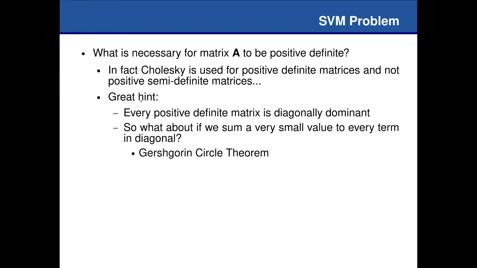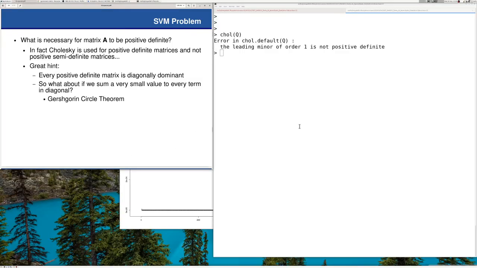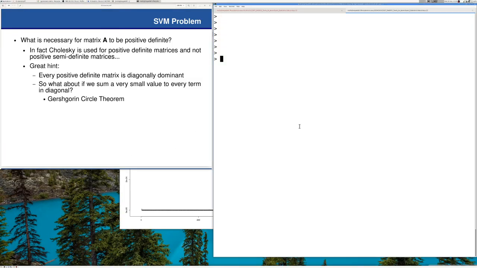There is a hint. We can take this: a positive definite matrix is always diagonally dominant. That means that every positive semi-definite matrix should have dominance in its diagonal. So if I consider matrix Q here, how many dimensions? Let's see, 1000 by 1000. If I take, for example, my diagonal in the position 5 by 5, that's 0.